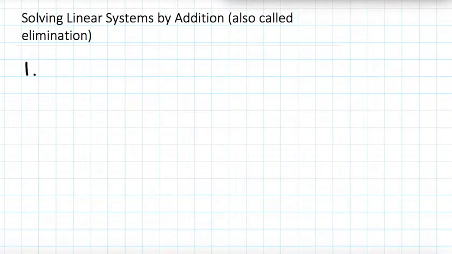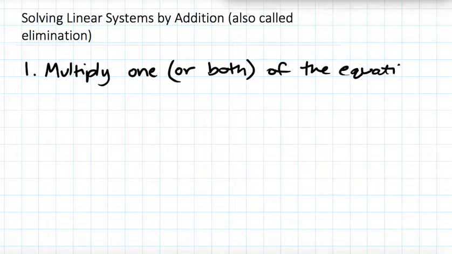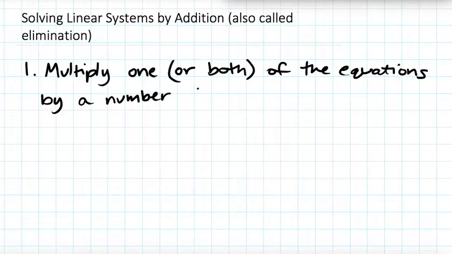Our first step is that we're going to multiply either one of the equations or both of the equations by a number or two numbers, depending on the problem, so that when the equations are added, one variable will cancel out.